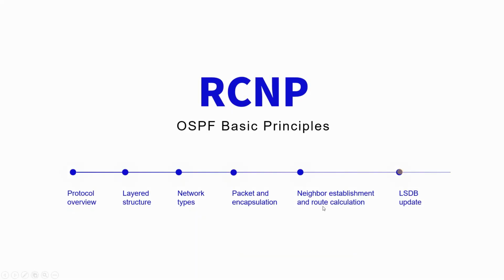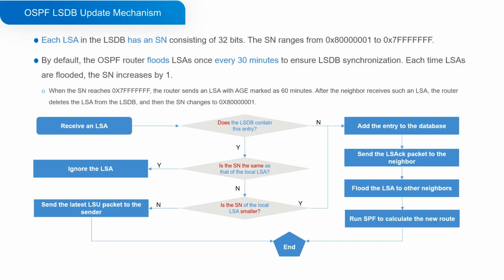For the first part, we will introduce the RSDB update. So now let's see the RSDB update. Here we can see for the RSDB update mechanism, each RSA in our RSDB has an SN number.